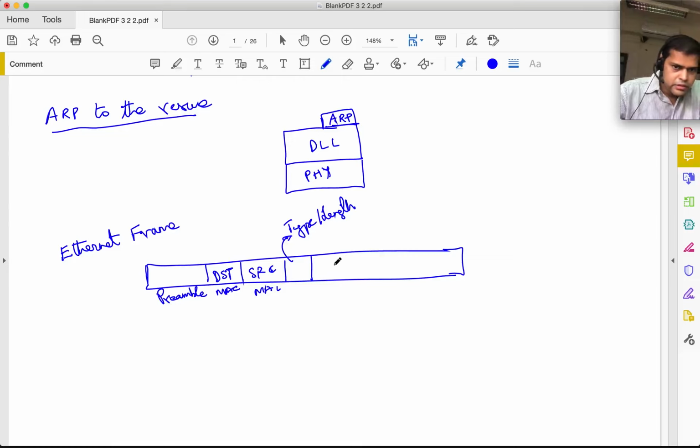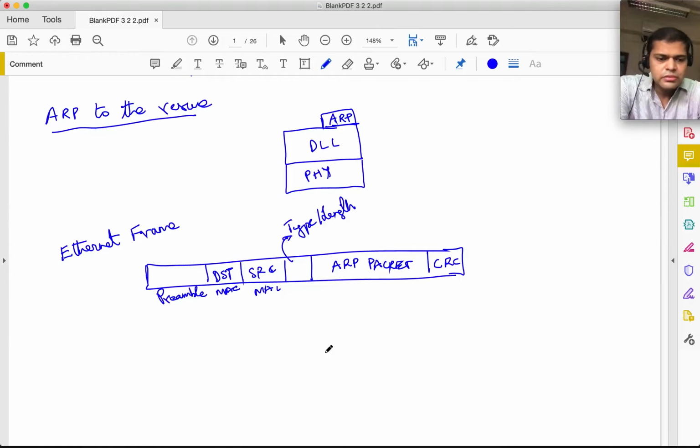And then of course inside here you would send out the ARP packet. And of course the frame ends with the CRC. So we are going to send out a frame like this before we send out the packet from A to B, okay, because we don't know the MAC address of B, and this ARP packet is going to help us find it.